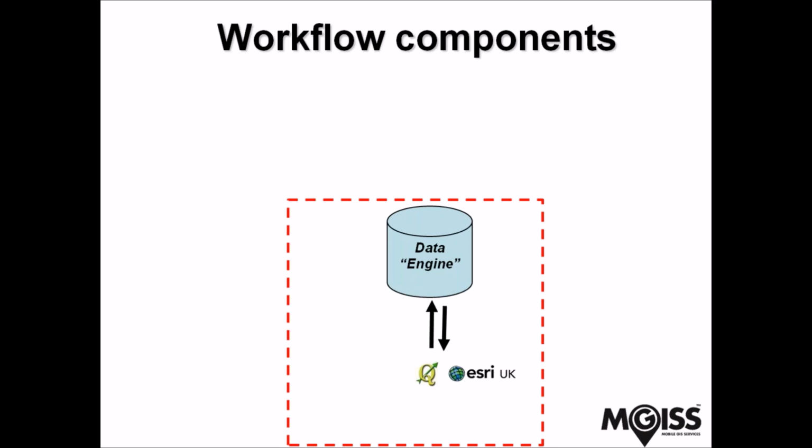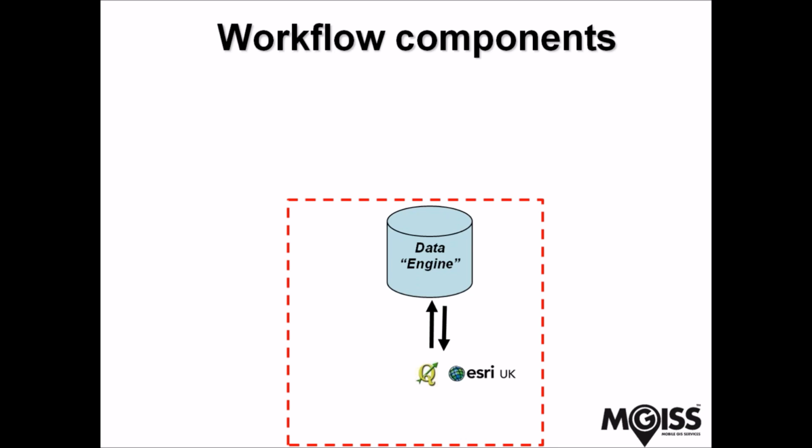So the first component of any GIS or mobile GIS solution is the data, or as I like to call it, the data engine. It might be a blank canvas, as I indicated before, so you're wanting to go out and capture from scratch anything from trees to curbside assets, highways assets, overhead network assets. So you're starting with a blank database.